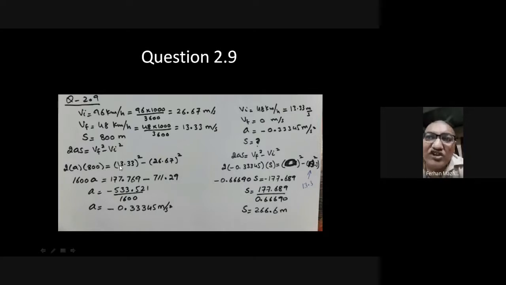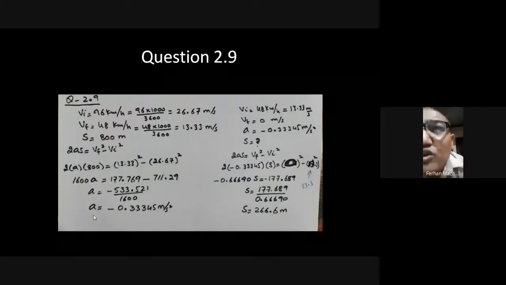The final velocity is 13.33 square minus the initial velocity 26.67 and its square. Just do this calculation. From this, subtract this, you get this. This 1600 will go to the other side, it will divide. So the deceleration value will be 0.33345 meter per second square.